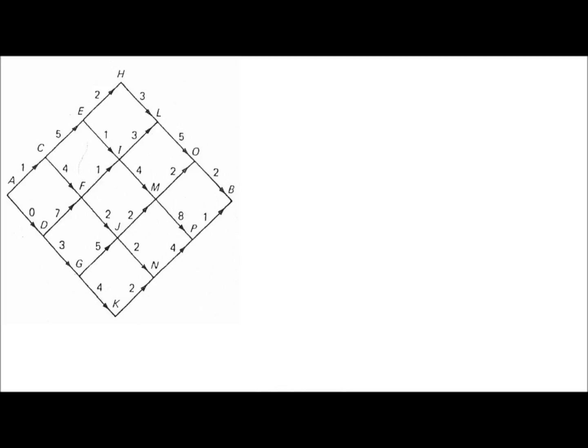So, I'm going to draw a diagram that's very familiar to you. I'm going to put a node here, and a node here, and a node here, and there, and there, and there. So basically one at each intersection of row and column. It kind of looks like that, right?